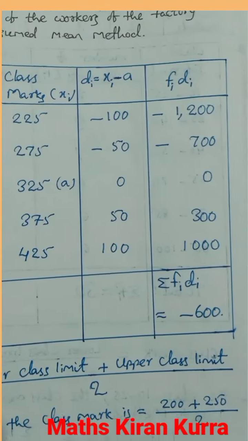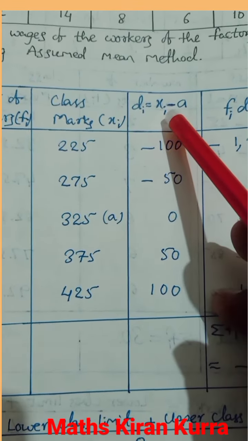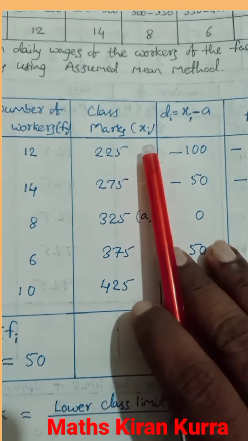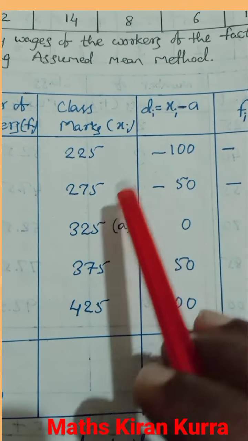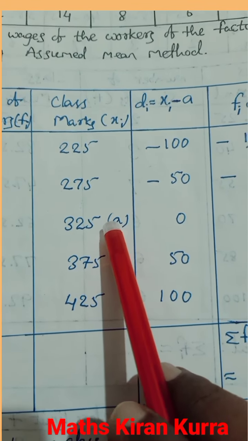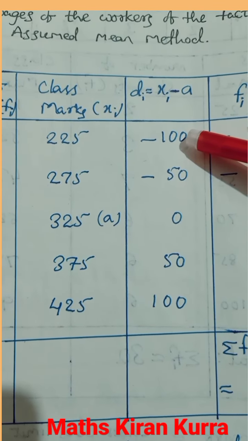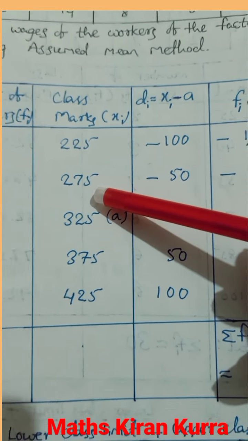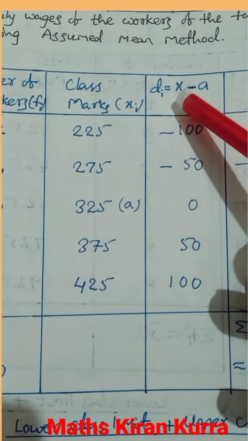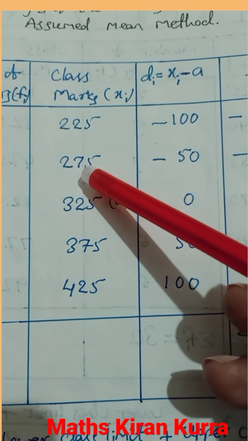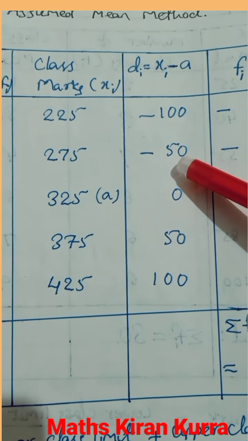Now after finding d, that means xi minus a: for the first, 225 minus 325 gives minus 100. In the second row, xi is 275, so 275 minus 325 gives minus 50.